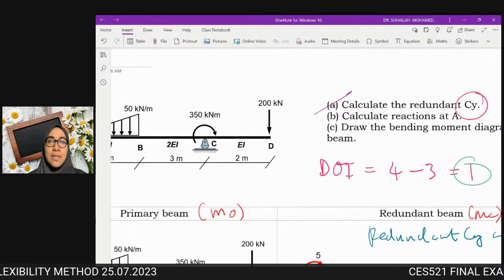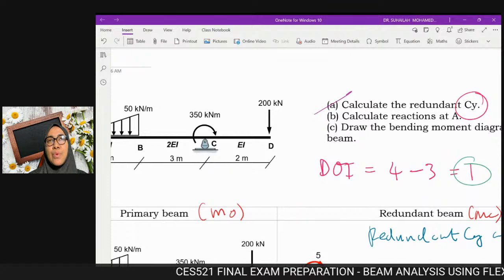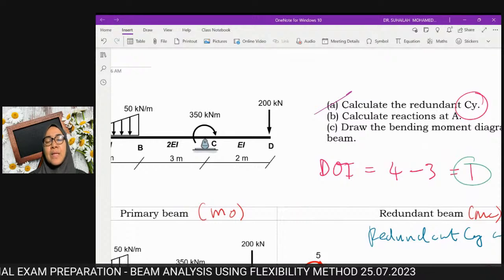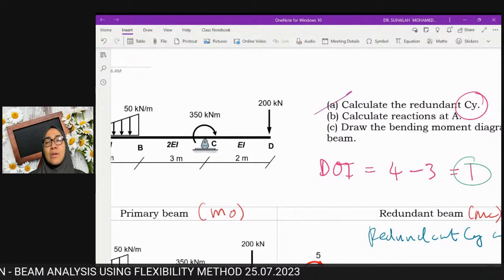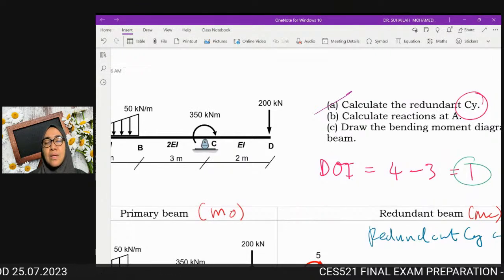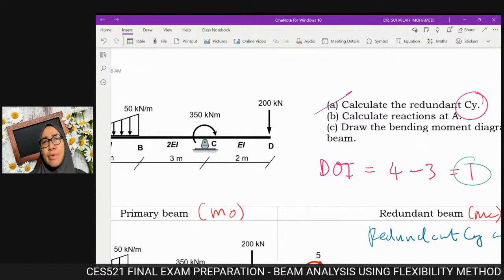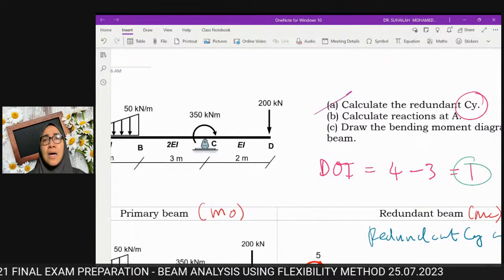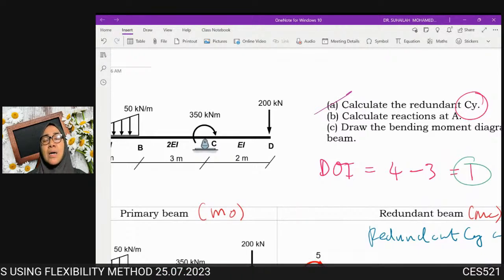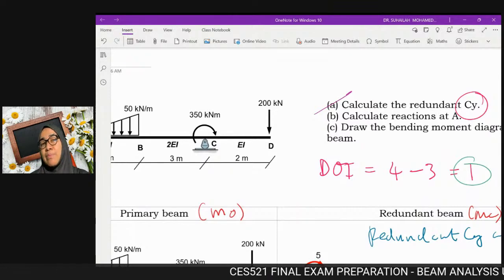But in the next video, I would like to share with you another option, which is easier than using the equilibrium equation for some cases. Using the principle of superposition to calculate the remaining reactions will be easier than using the equilibrium equation.